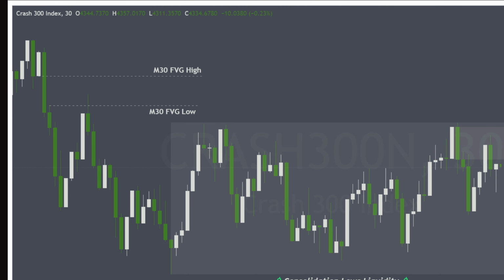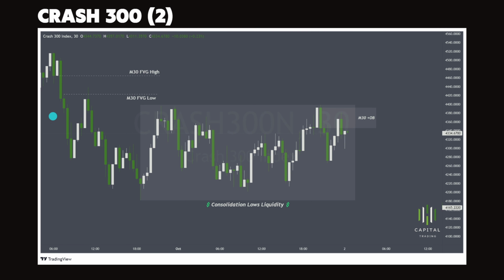When they went up, we had this last up close candle, which acted as our bearish order block. The same bearish order block was used by this consolidation range's high to form the high of this consolidation that we just identified here.